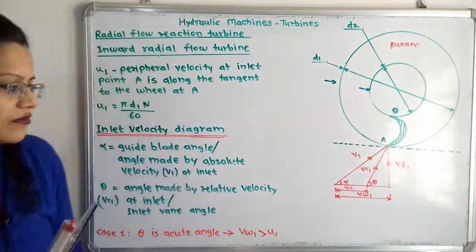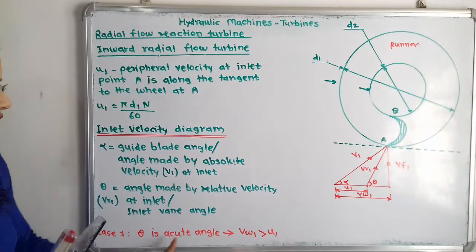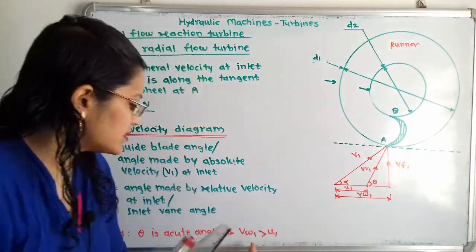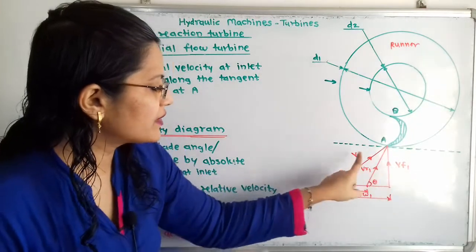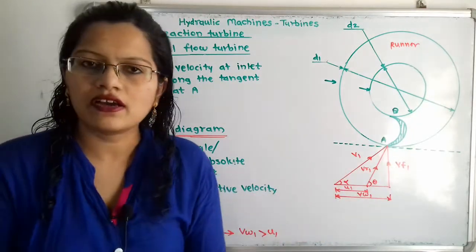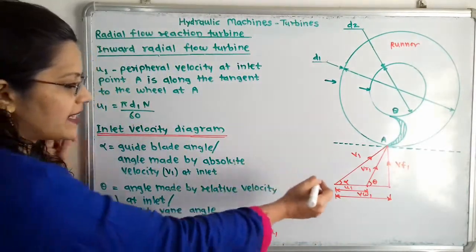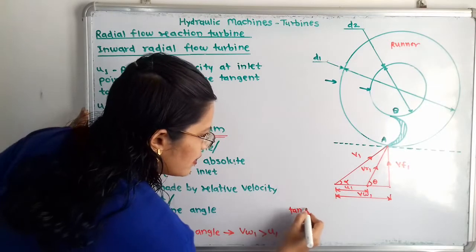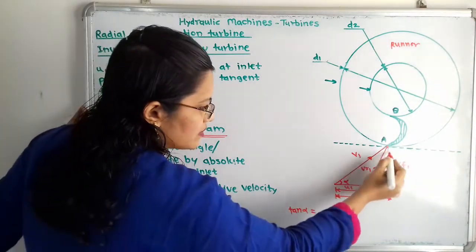the inlet tip 1. So if we observe for this case first, when theta is the acute angle, VW1 is greater than U1, then here is the angle theta, here is the V1, here is the angle alpha. Now from this diagram we can write the value of tan alpha. So tan alpha is equal to, what is the opposite side?